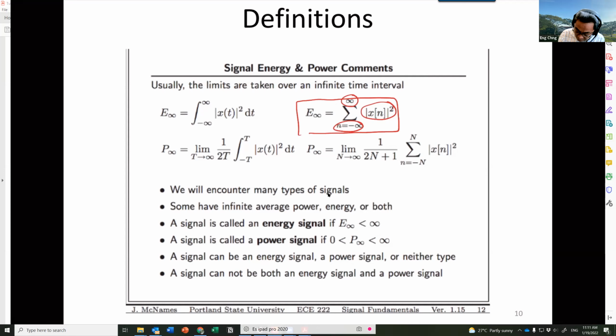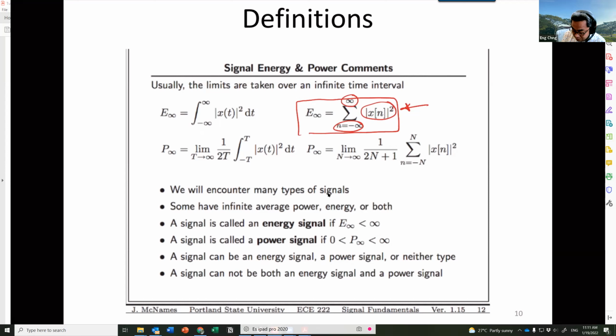For continuous time, energy is defined like this: take the absolute value and square it for each time, and then you integrate for all time because we are in continuous time. For digital signal processing, because our interest is in the digital sequence, we are only interested in the discrete time energy formula.